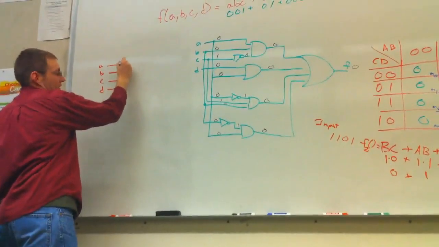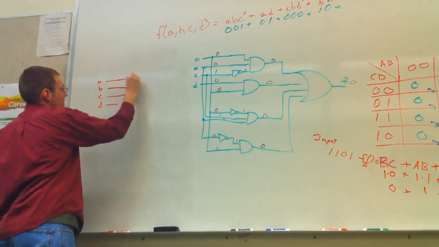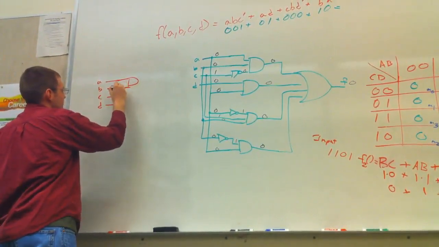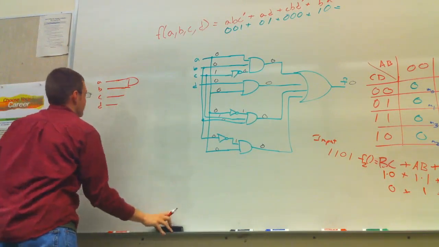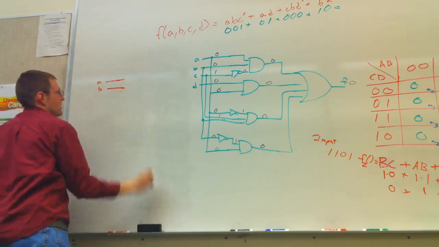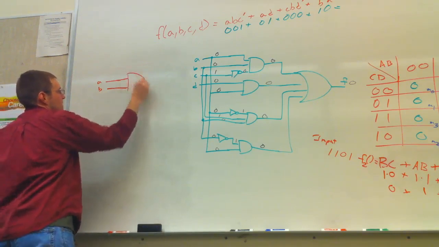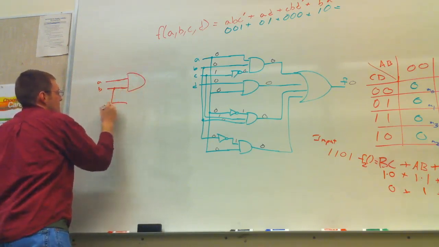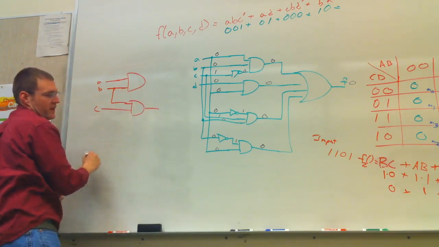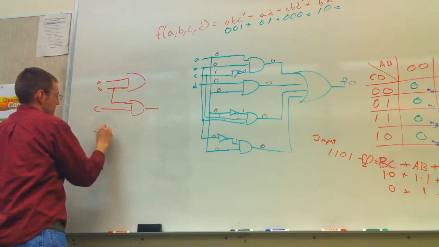So we got A ANDed with B, we have B ANDed with C. And then we have A down here.